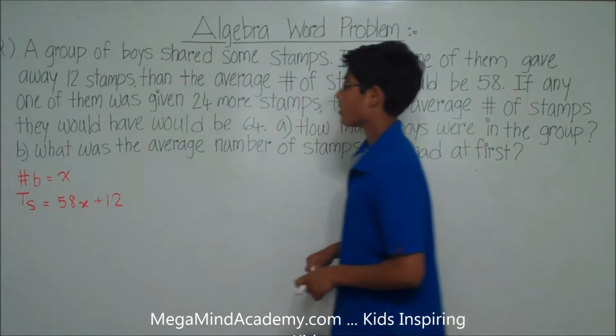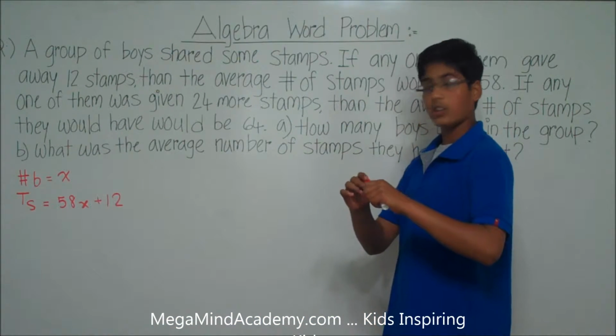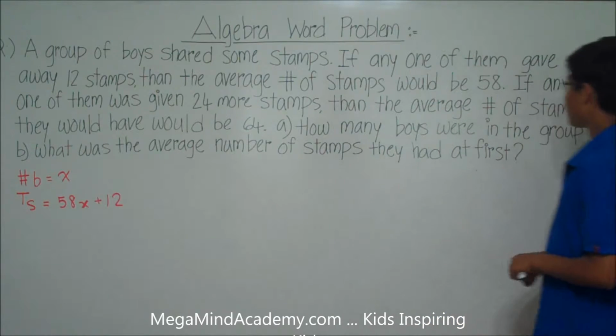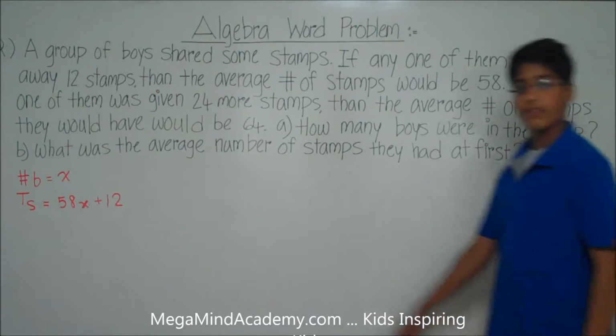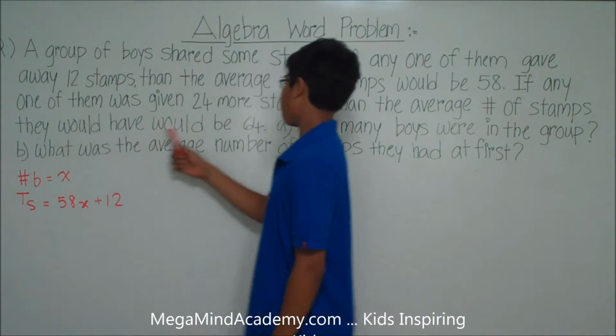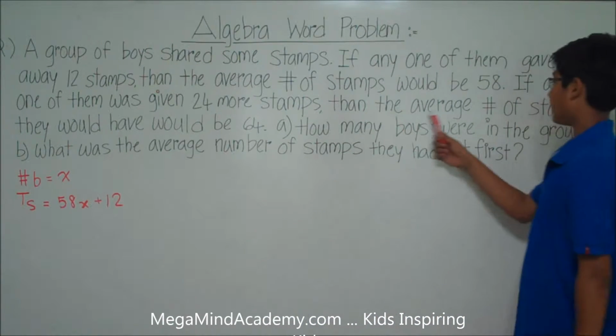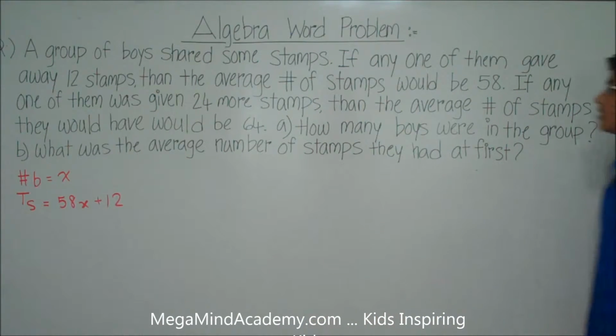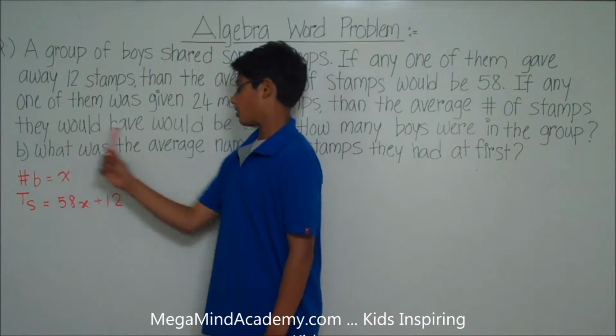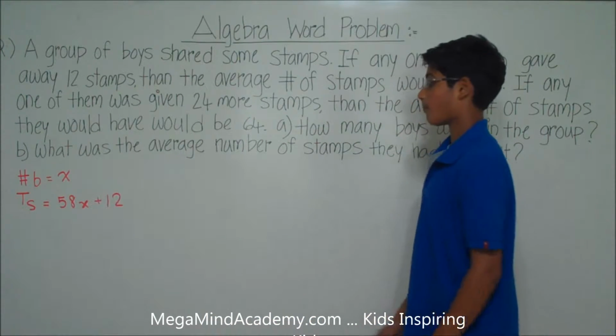Now, the problem also states that if any one of them was given 24 more stamps, then the average number of stamps they would have would be 64.